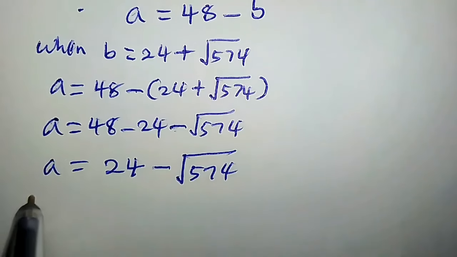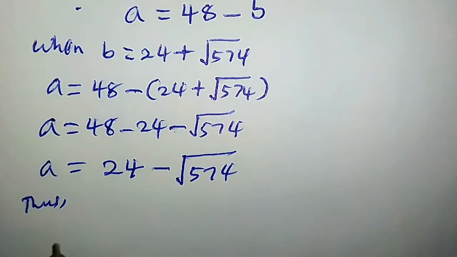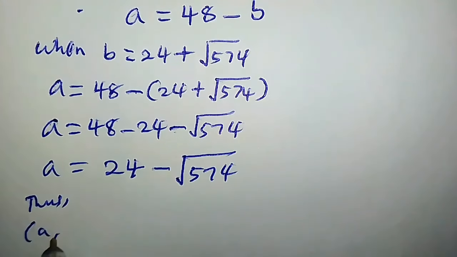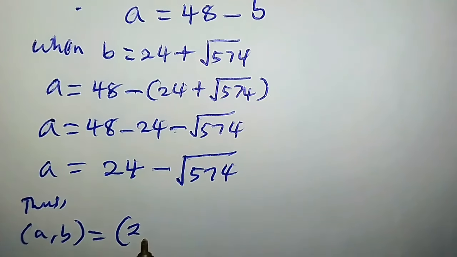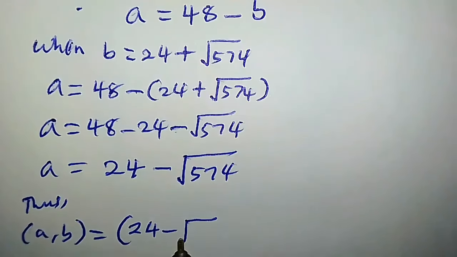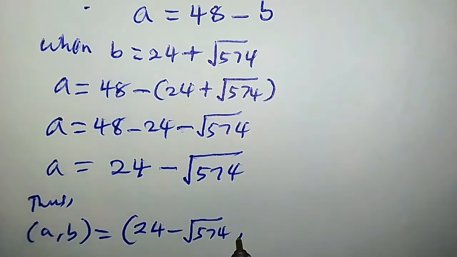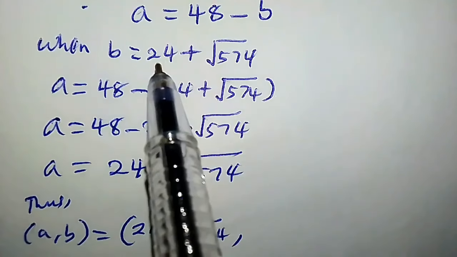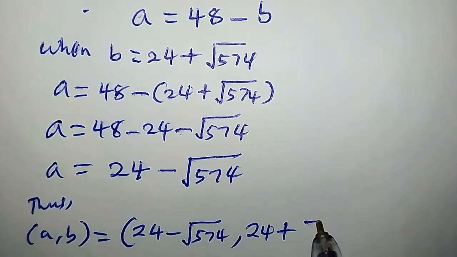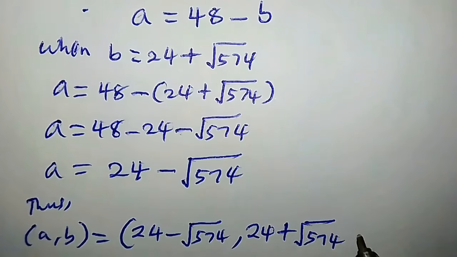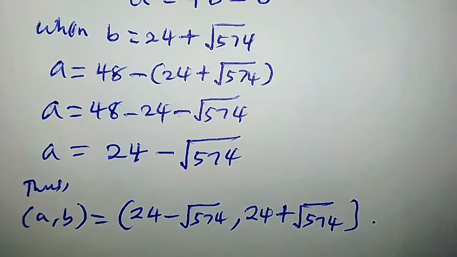Thus, the first solution is A comma B equal to, what is A? A is this, 24 minus square root of 574, comma, what is B? This is the value of B, 24 plus square root of 574. This is the first solution.